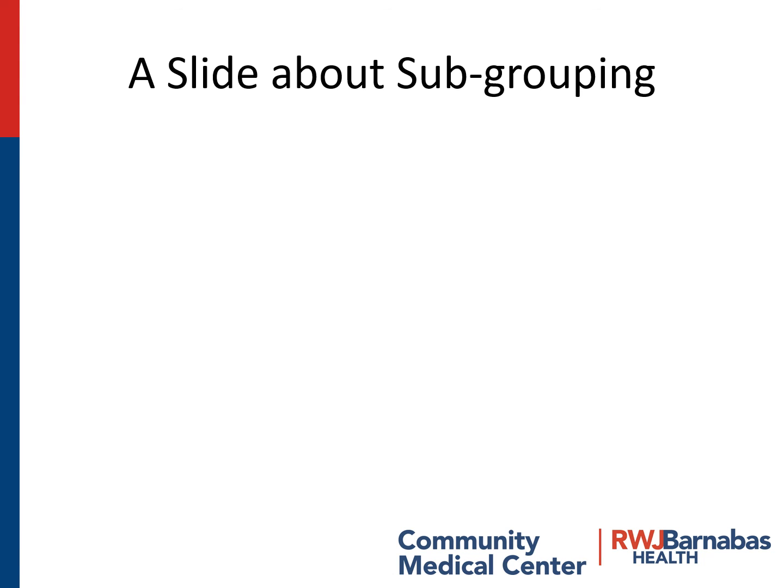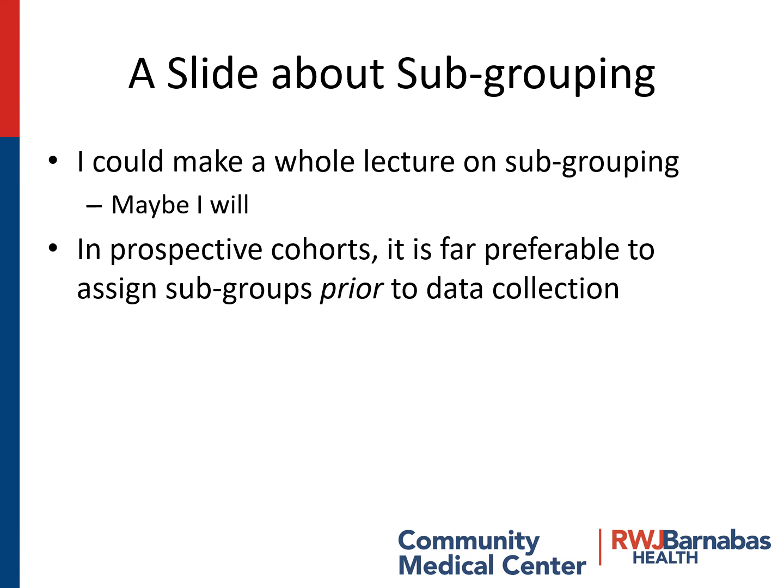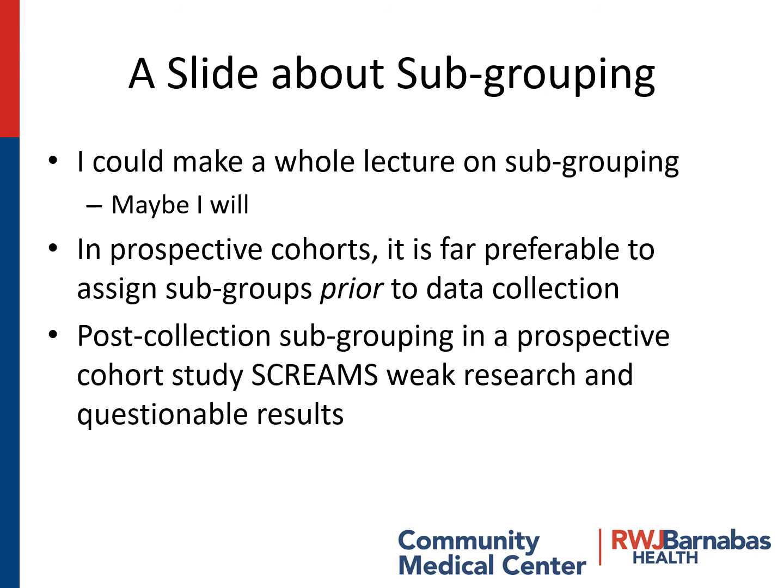And subgrouping. So yeah, I have no plans for an entire lecture on subgrouping, maybe someday. But in prospective cohorts, it's better to assign subgroups prior to data collection. You can do post collection, but especially if you're doing it in the same study, then it looks like you were fishing for a p-value, and that is considered insufficiently rigorous.